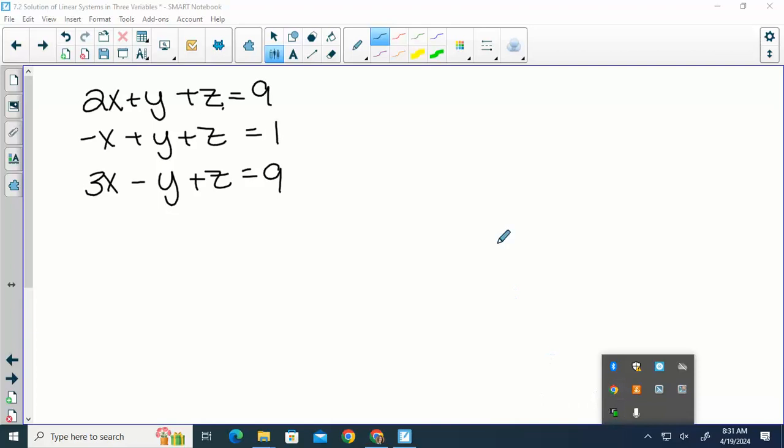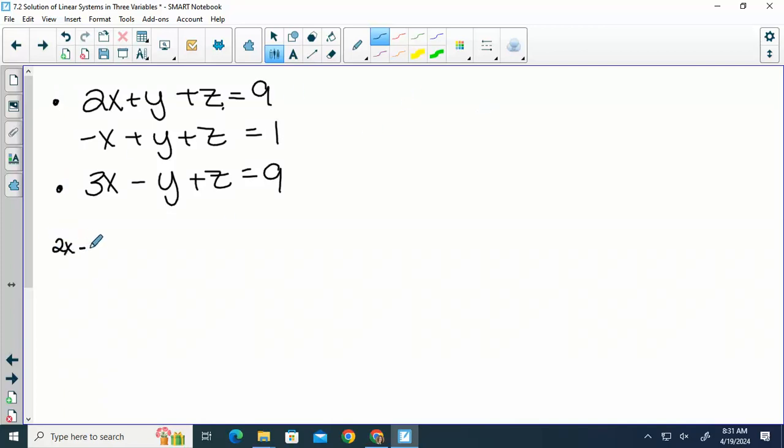Okay. What did you guys do first? What variable did you eliminate to start with? The y. So if you did the first and the third, we can just add them together: 5x plus 2z equals 18.